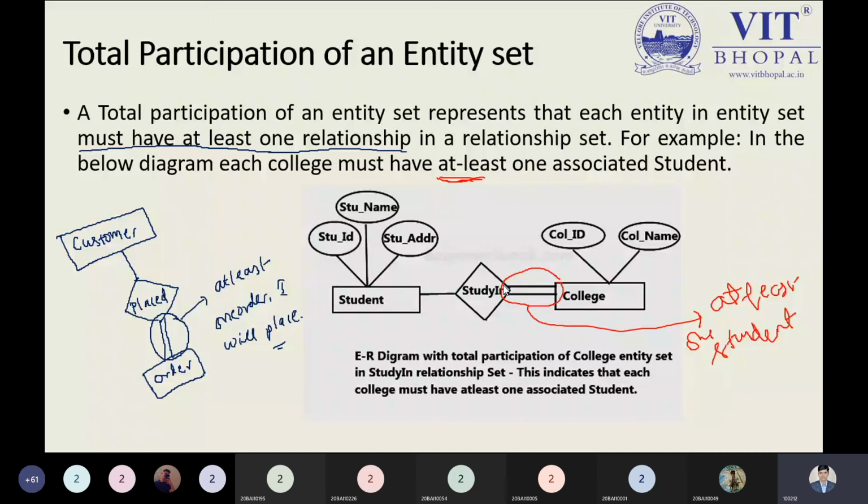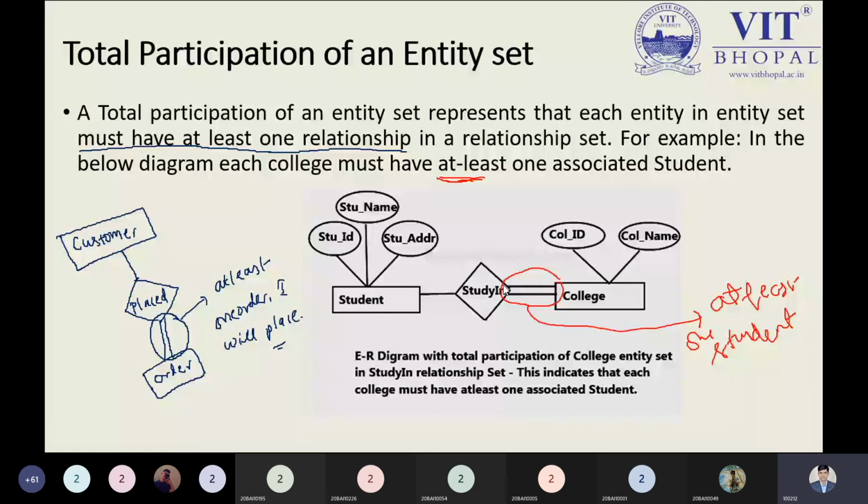We may find there is zero data. We are making the relationship type, but that doesn't mean there is data. But after applying a total participation, at least we can say one data will be there. At least one student will be there. One piece of information will be there.